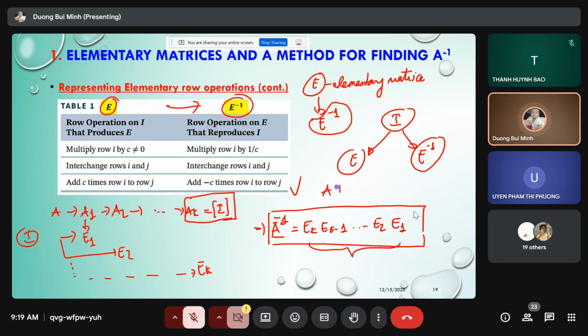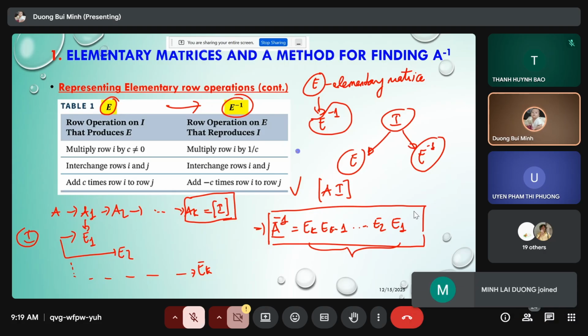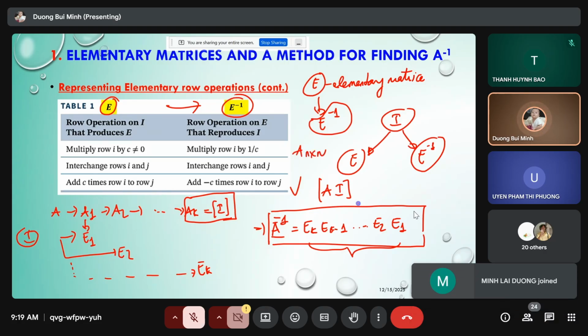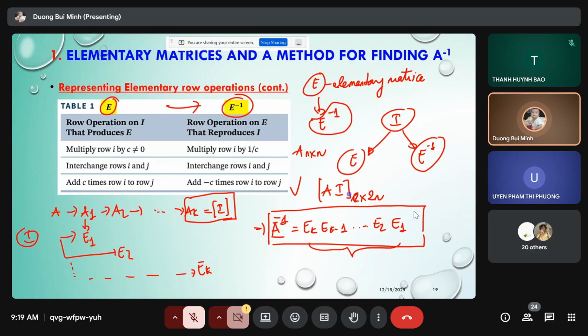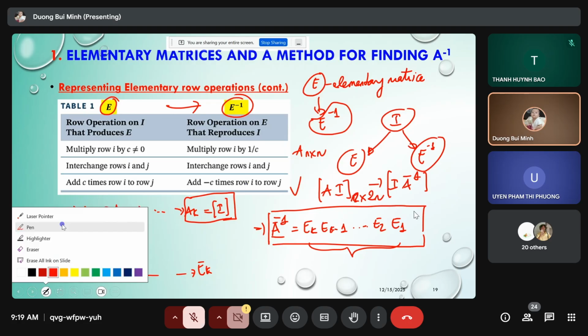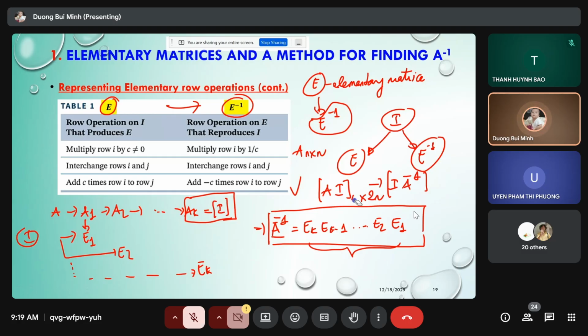For example, with the traditional method, for an N by N matrix A, we have N rows and 2N columns, so we increase the size of the matrix. It may take a long time to get the inverse of A, so we think about another method: we apply elementary matrices.